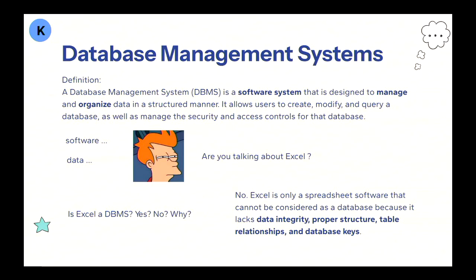You don't have restrictions on this. And also there are no relationships between different tables in Excel. You can't do that. And there are no keys. You can't guarantee that the data in one column is unique. So that's why Excel is not exactly a DBMS. Probably it is partially a DBMS, but it is not.